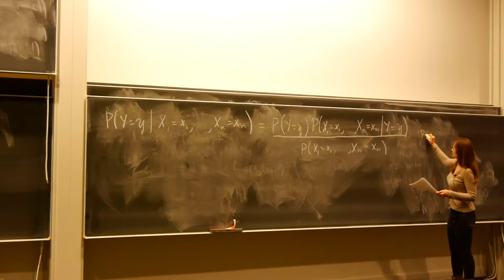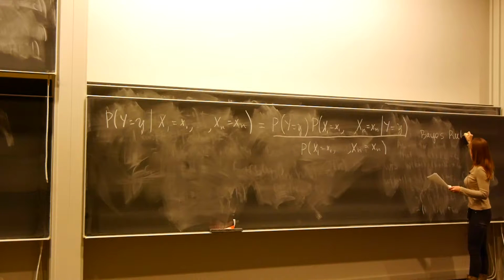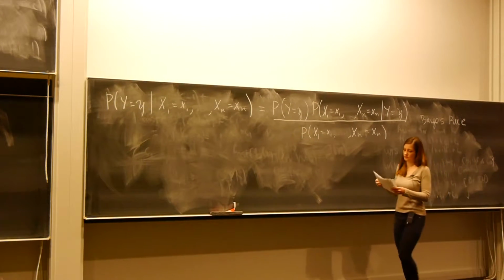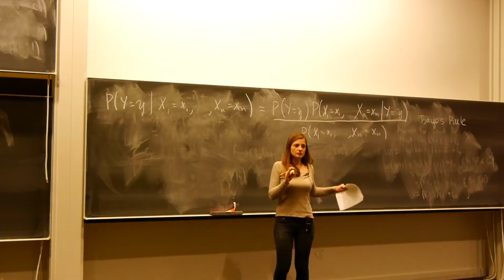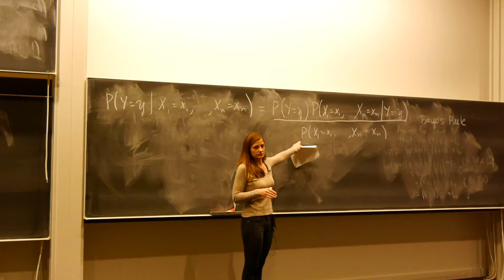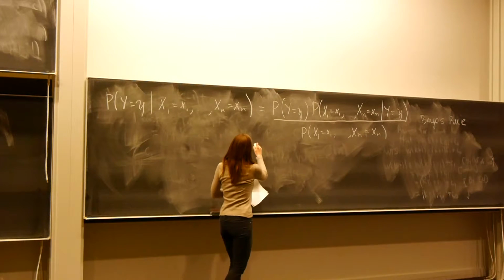So this is Bayes' rule. Then, since we don't know right now how to calculate the denominator, we're going to put it into a form that we can calculate.